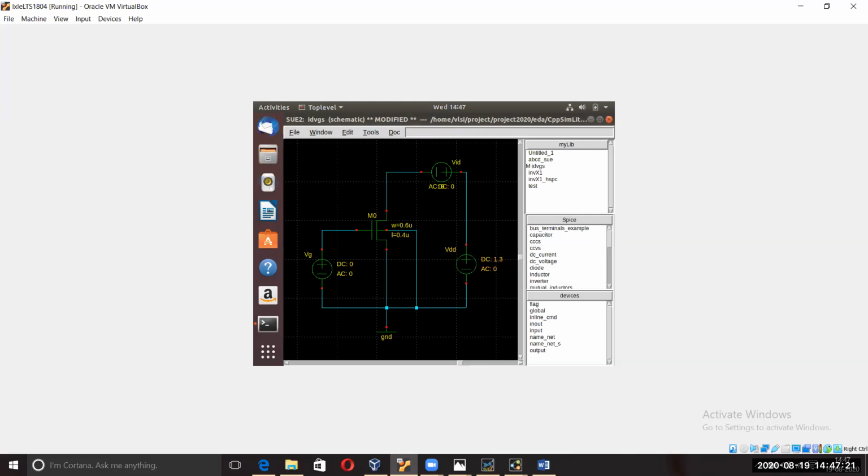Sir, but it is possible for the VSB thing also. The MOSFET we are using, that is SCMOS. But the MOSFET model which she has dragged here is actually SCMOS. Oh, that is CMOS. Yes, sir. Then you can give 5 voltage.